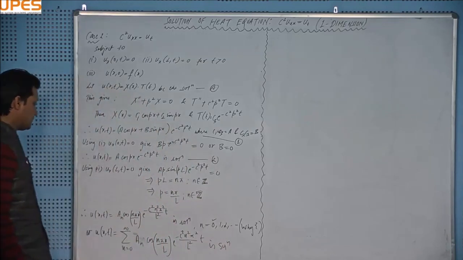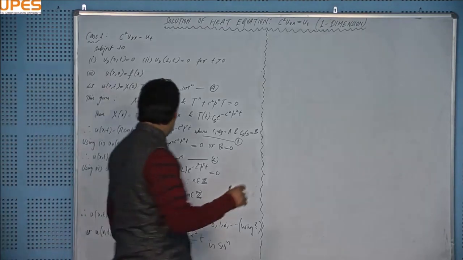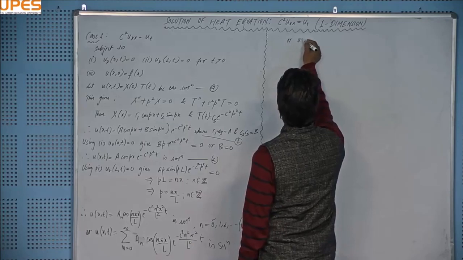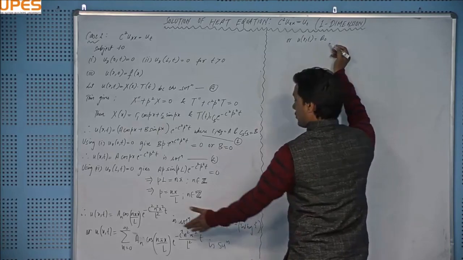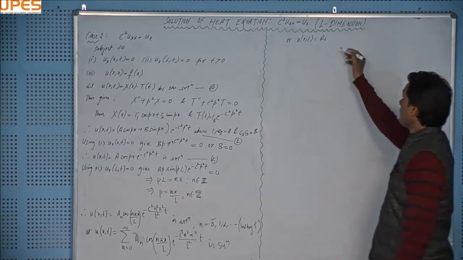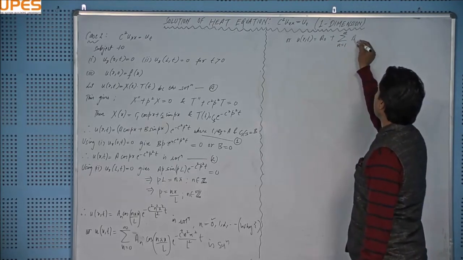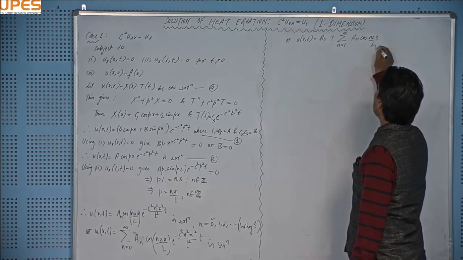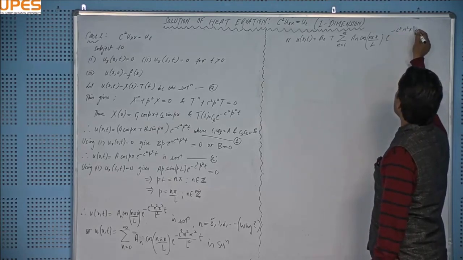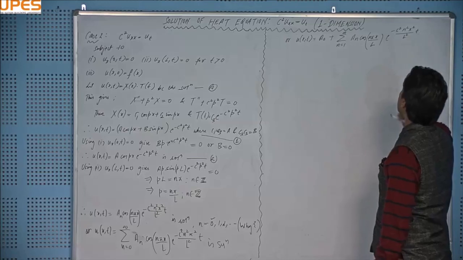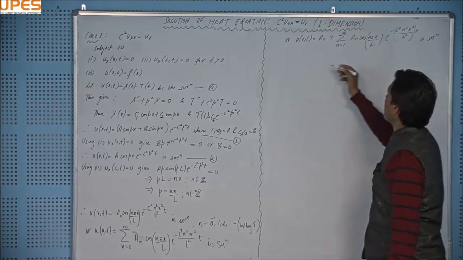It is the most general solution containing the constant solution also, or you can substitute n equal to 0 here to write it in this form: u(x,t) equal to, putting n equal to 0 gives me a naught, and cos 0 becomes 1, e to the power 0 becomes 1, and then running the summation n equal to 1 onwards, a n cos(n pi x over L) e to the power minus c square n square pi square over L square t, right, is the solution. So I will box this solution.